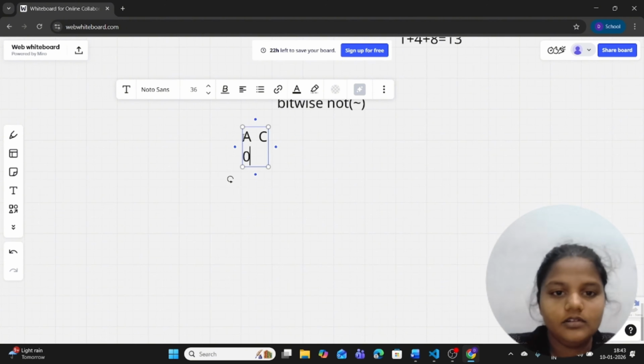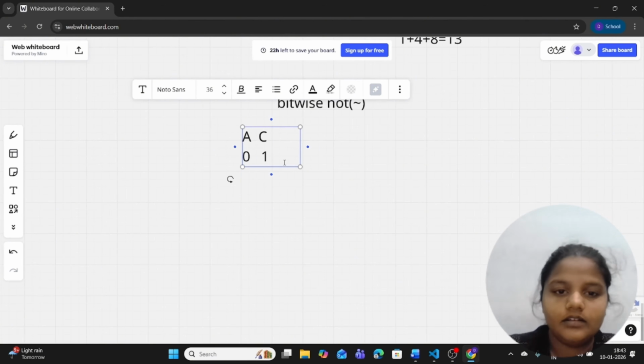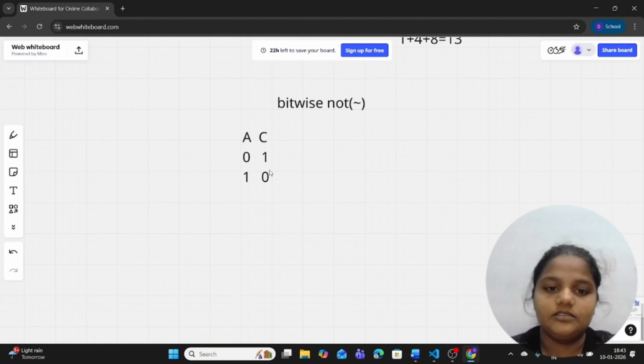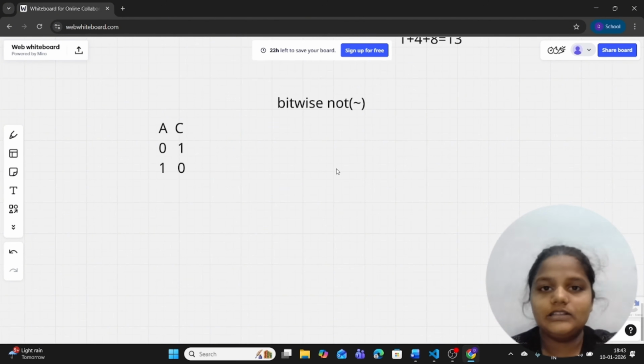If I give 0, the output will be 1. If I give 1 as the input, the output will be 0. It will flip the number. That's it. Okay.